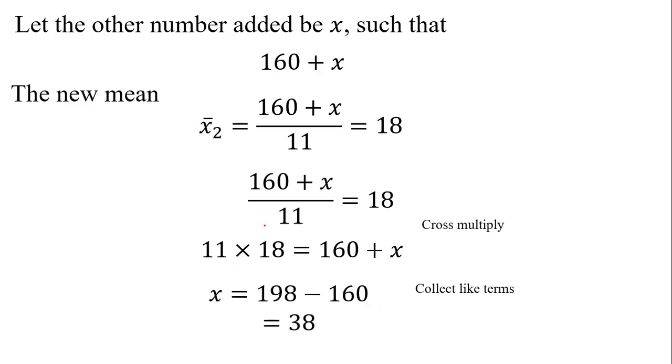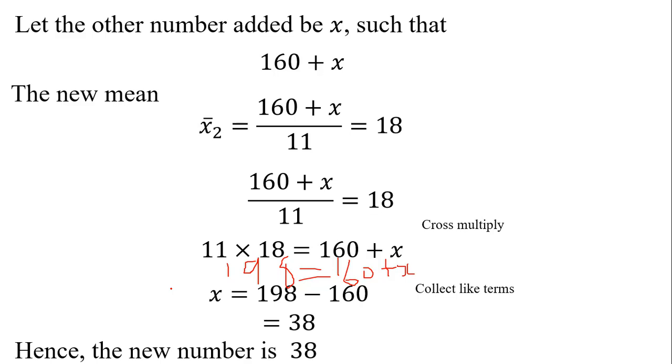If we collect like terms, we have 198 minus 160, and that gives us 38. So the other number added is 38.